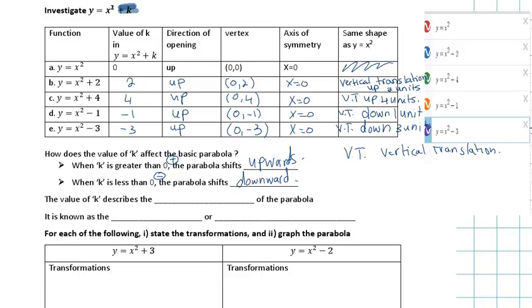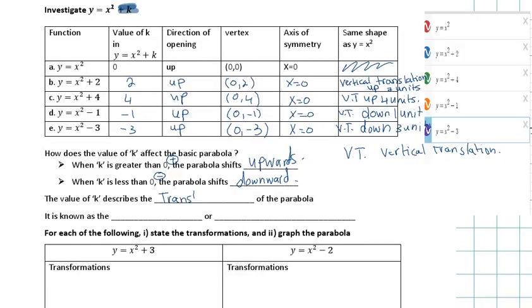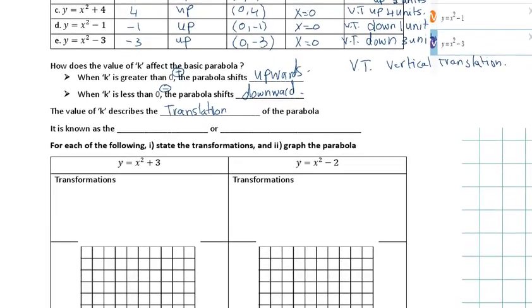The value of K describes vertical translation, the translation of the parabola. It's also known as vertical shift.